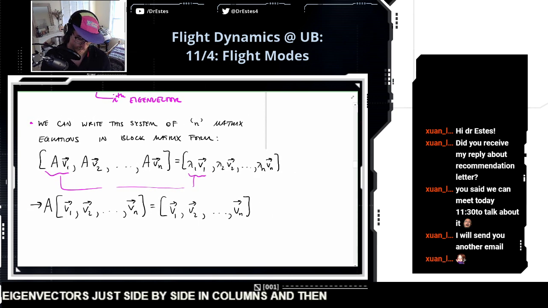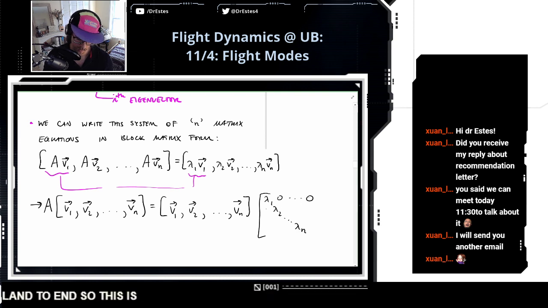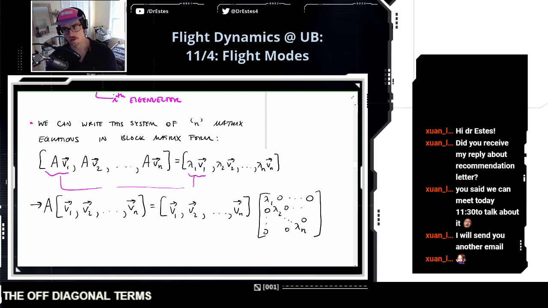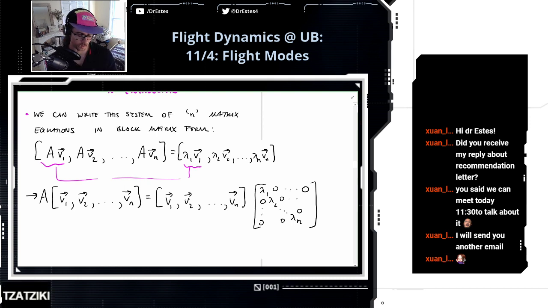And then I create a diagonal matrix like this, all the way up to lambda n. It's all zeros on the off-diagonal terms. So this second line is equal to the line above.